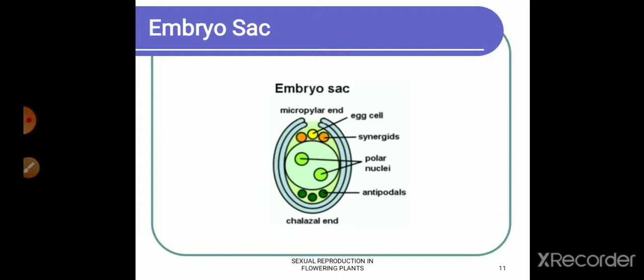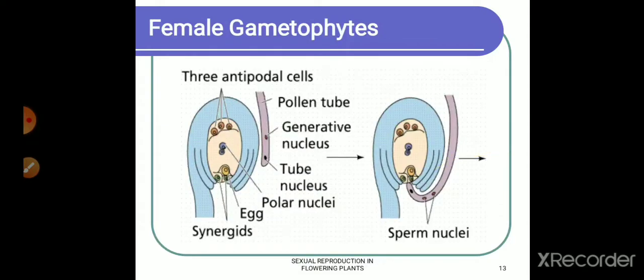Now, how does the mature embryo sac structure appear? Two forms are there. One form is here. When the micropyle, chalaza and funicle all lie in the same plane, that ovule is known as an orthotropous ovule. Orthotropous means that micropyle, chalaza and funicle all lie in the same plane. Look at this figure.